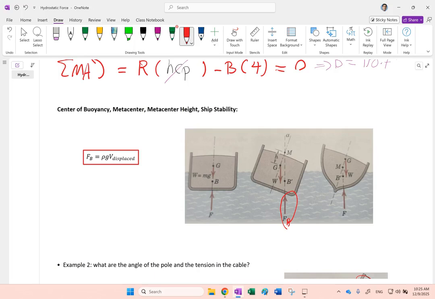So here, if this is the displaced volume and this is the centroid of that, the buoyancy force is passing through the centroid of the displaced volume. In this case, this is the displaced volume and the centroid is here, so it is going to pass through that. So this B prime here is the centroid of what? The displaced volume. And your buoyancy force is always passing through that.